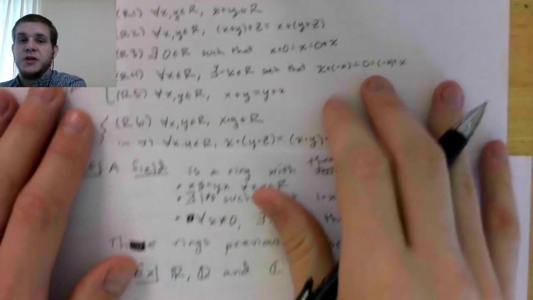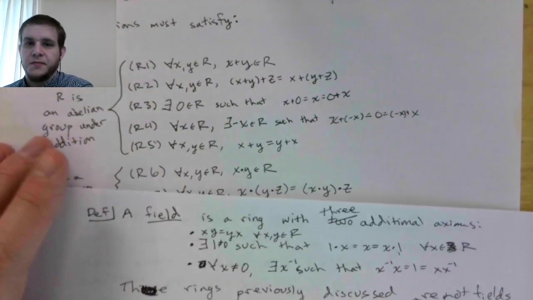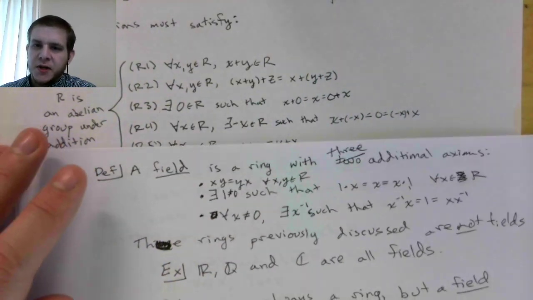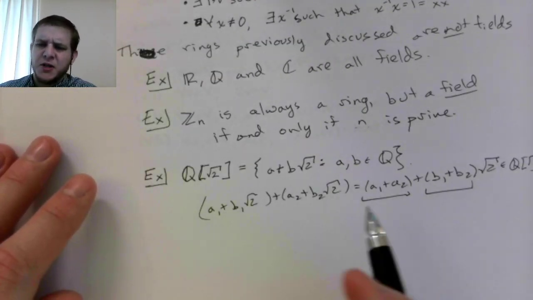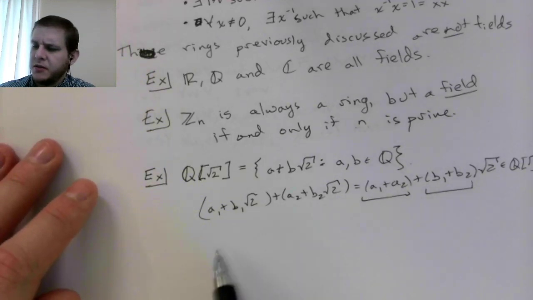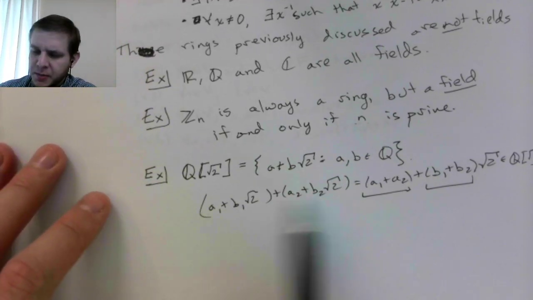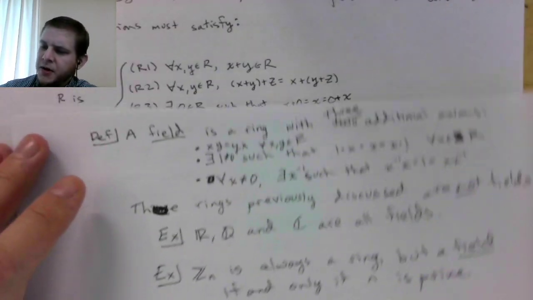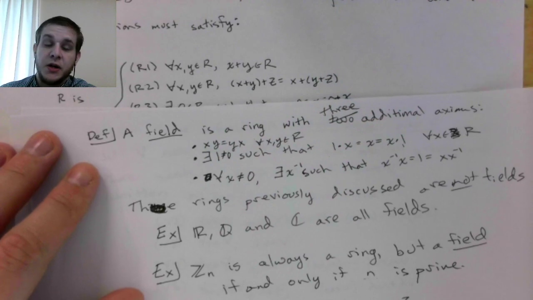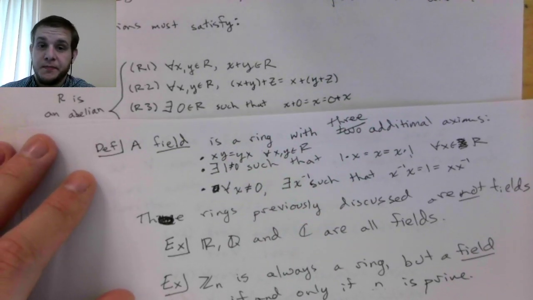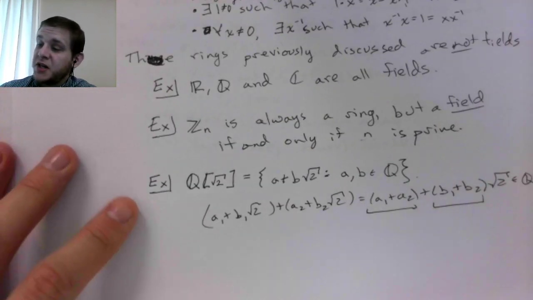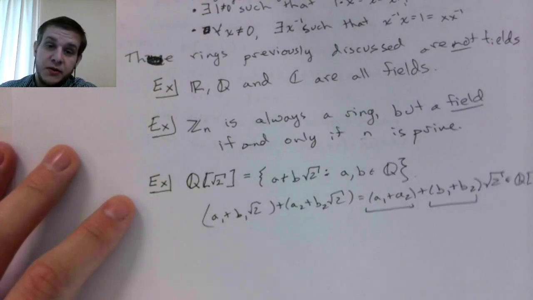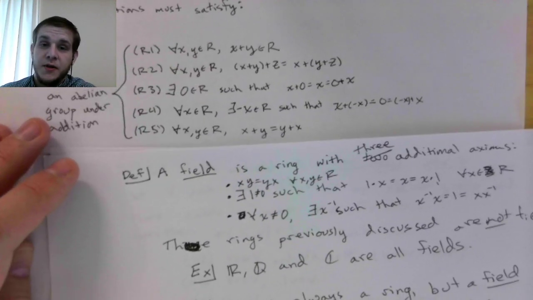So what does this show? This shows closure under addition. R2 is associativity, and I can just rely on the associativity property of the real numbers here, right? When I add three of them, it doesn't matter the way that I group them because I'm just adding real numbers. 0 is an element because I can just take a and b both to be equal to 0, and then I get just the number 0. So 0 is definitely an element of Q adjoin the square root of 2.